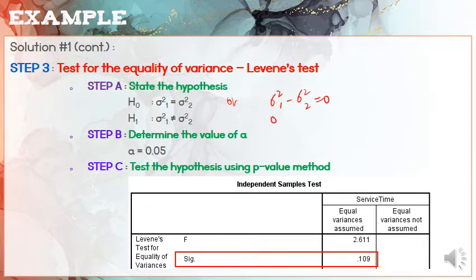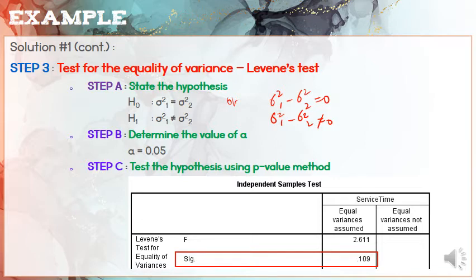Diterima. So, kalau yang itu, dia akan jadi tak sama dengan. Okay. So, next one, determine the value of alpha. So, if soalan tak ada bagi tahu pakai yang berapa, biasanya pun kita memang ambil alpha 0.05. Unless soalan kata pakai lain, baru you pakai alpha value yang berbeza.